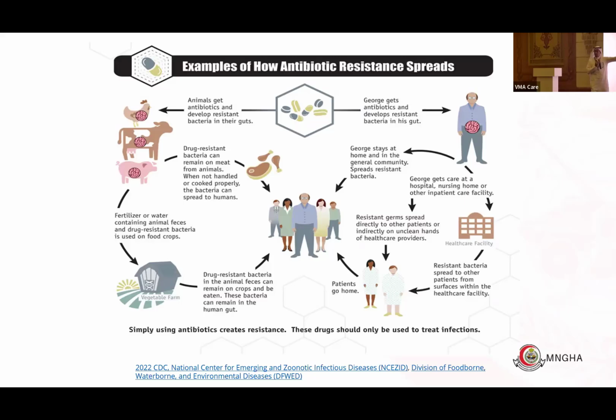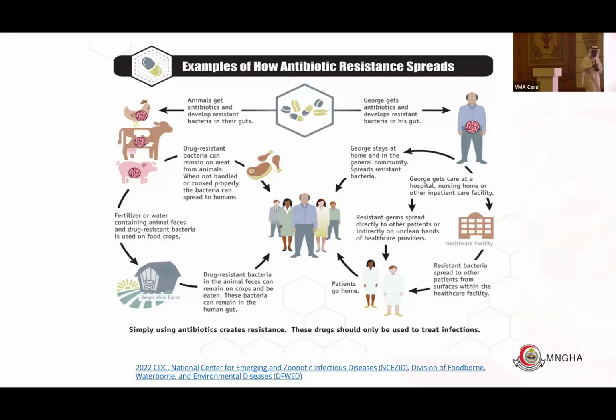George can join the community and spread the antimicrobial resistance to the community. Or maybe he is admitted to the hospital, and due to poor infection control, AMR spreads to other patients and healthcare workers, and again when discharged it will spread to the whole community. On the other hand, antibiotics are also used in animals.